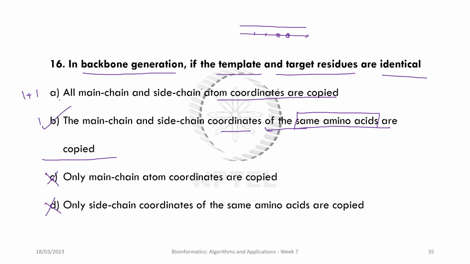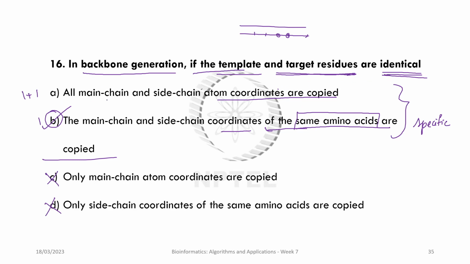I would argue that option A also satisfies the question, because if the question says in backbone generation, if the template and target residues are identical, they have not even said anything like similar. If you go by which option is specific, I would say B. And if it had been sequences, then B makes even more perfect sense since they've spoken about if the template and target residues are identical.